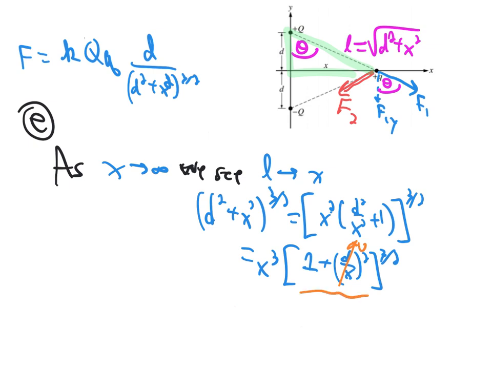And so this whole thing heads to 1, and so we end up with just x cubed. So if we go back up to our formula up here, we have k, big Q, little q, d, but this has just become basically x cubed. All right, that's the mathematical sense, is that the separation is not very big compared to the vertical separation compared to how far we are. So it doesn't play much role, but then it contributes a little bit.